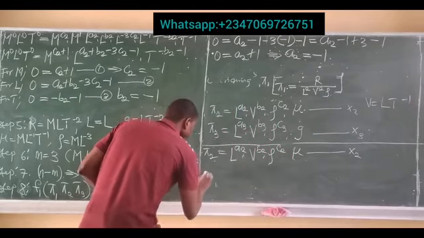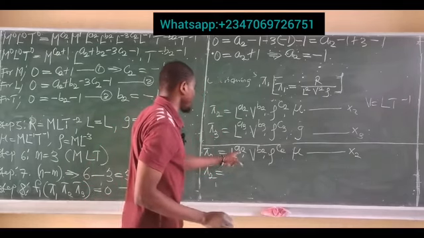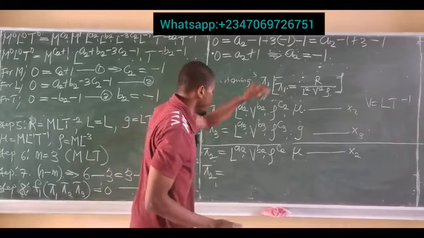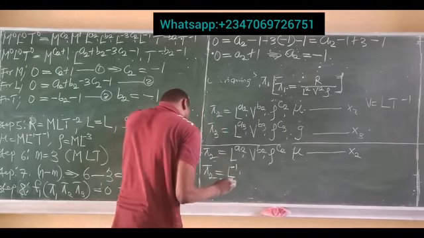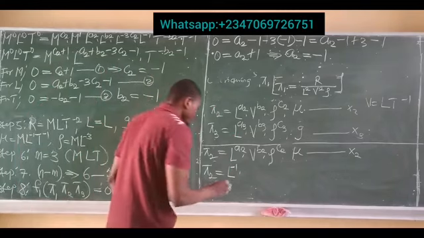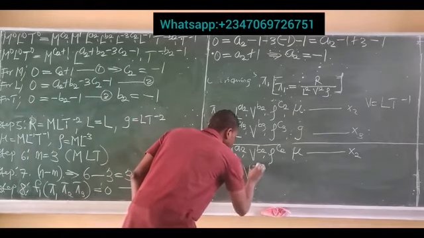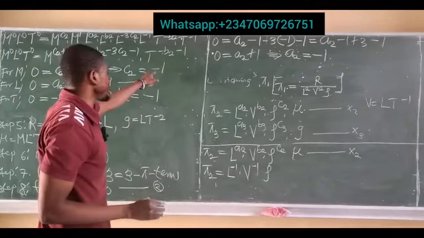Alright, so pi 2 is now equal to, remember, L to the power of A2, and A2 is equal to minus 1. So this is L to the power of minus 1 times V to the power of B2. Once again, B2 remains minus 1. So you have V to the power of minus 1 times rho to the power of C2, and C2 also remains minus 1.